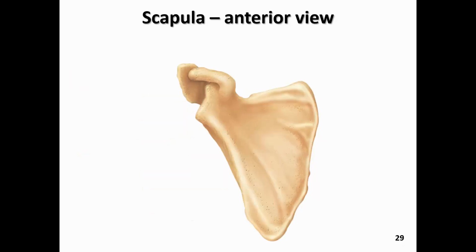Taking an anterior view of the scapula, what we see here is that very lateral bony prominence called the acromion that can be clearly palpated on the lateral side of a person's shoulder.